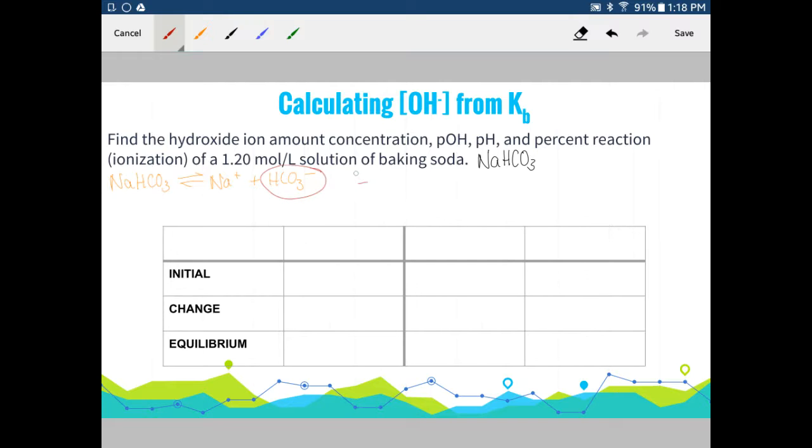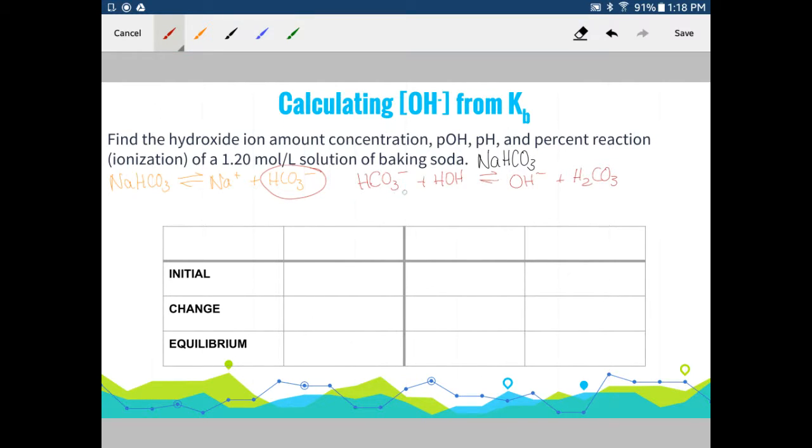So we have our HCO3 minus plus our water, giving us our OH minus and our H2CO3.